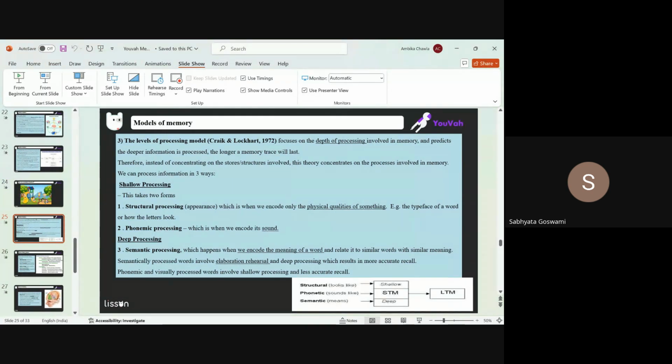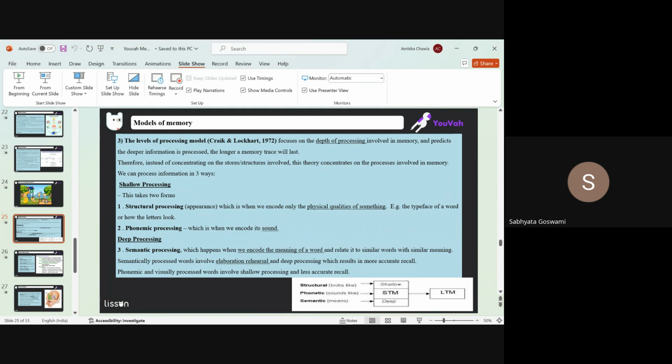They say that it is not about where your information is stored that determines how well it is stored. Rather, how deeply it is processed determines how long-lastingly your information will stay. Information processed in depth will be stored much more strongly than information which is not processed properly.